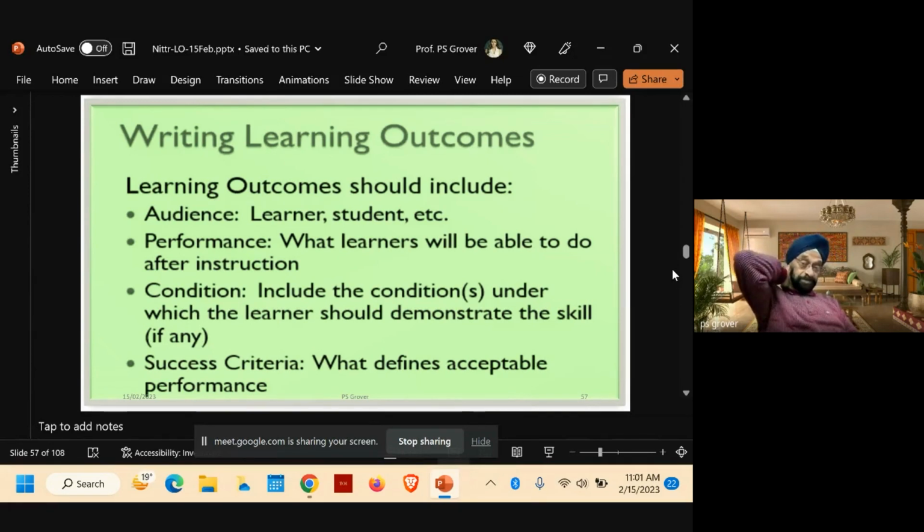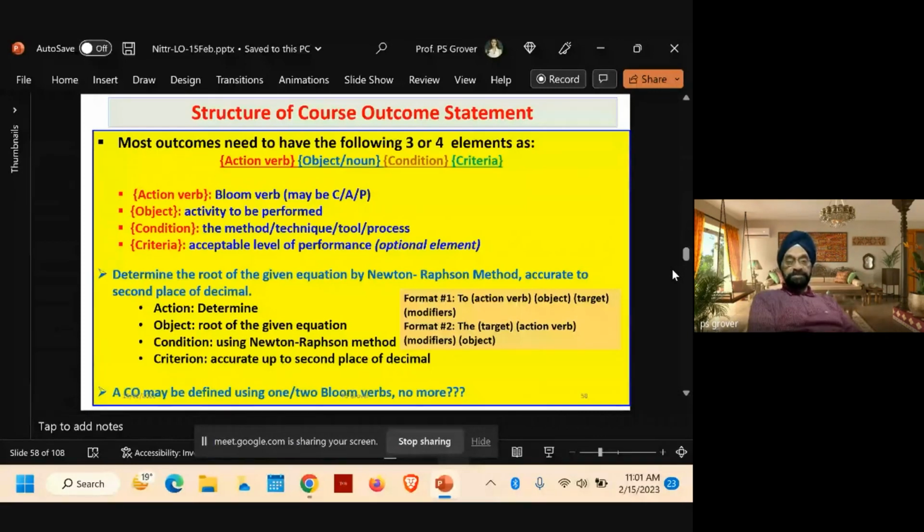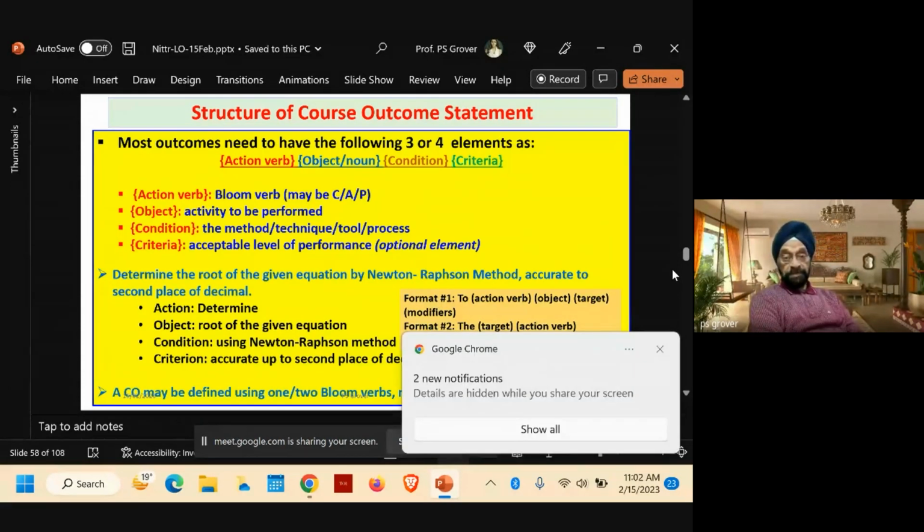So please see here, as I mentioned, a learning outcome is a statement. How to prepare this statement? Look at this example. Most outcomes are formulated with the following 3 or 4 elements: an action verb, that is the Bloom verb; an object or noun, the activity to be performed; a condition, the method, technique or tool, the process, how to do it; and criteria, the acceptable level of performance.